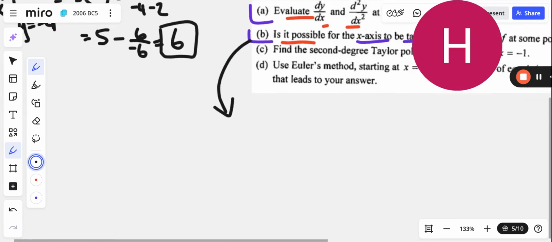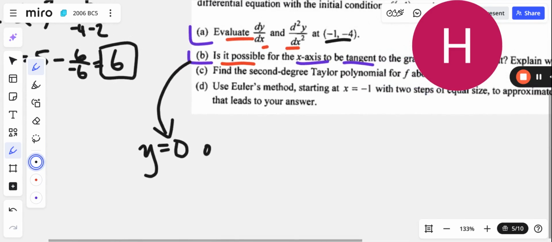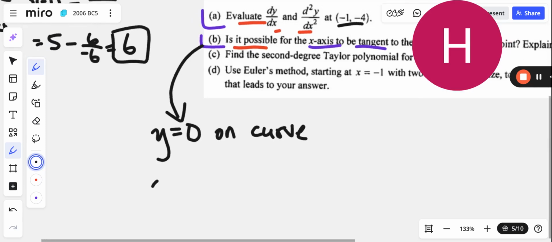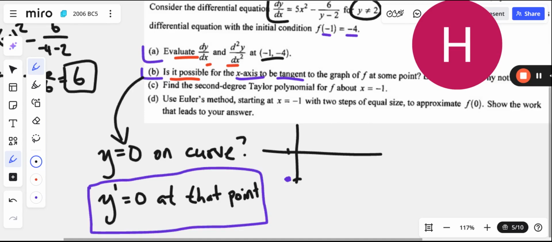So it's first asking, is y equals 0 on the curve? But it's also asking if it's tangent, so it's also asking if y prime is 0 at that point. So first we have to establish whether or not it even touches the x-axis. Oh, and y would also equal 0.